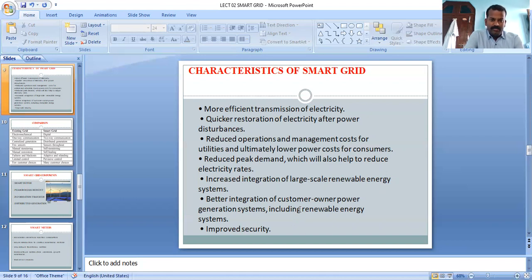Better integration will be possible through the smart grid, including renewable energy systems. The last point is improved security. If the grid is efficient and reliable, then definitely the security of the system will improve.